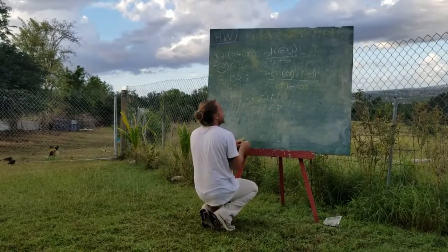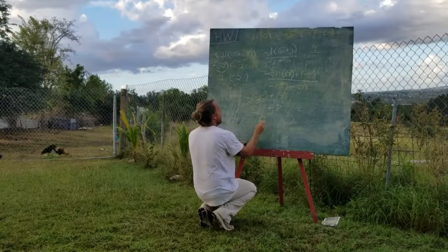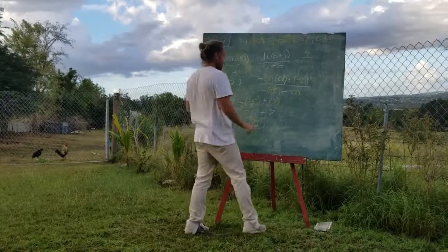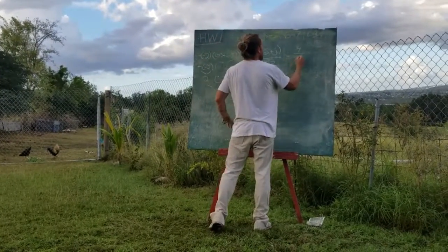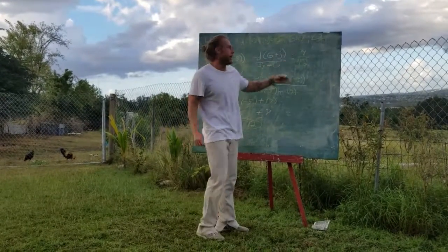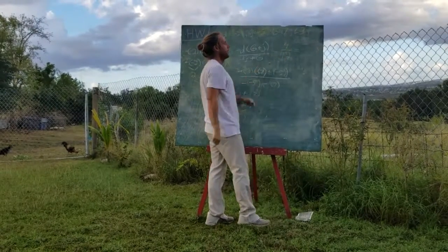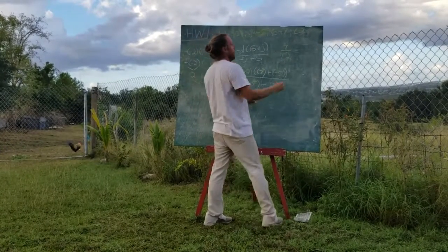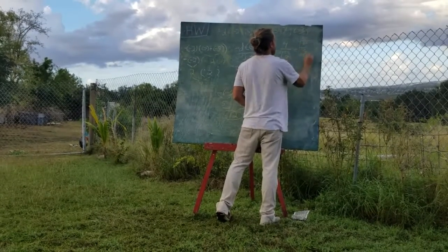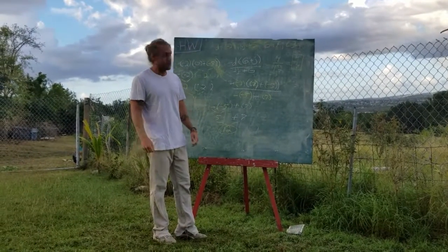Bring down the plus 7. Now we have 5 plus 7, which is 12. New denominator. All right, we're not done yet. We can simplify this and divide both the numerator and denominator by 4, leaving us with 1/3. All right, there is our evaluated solution.